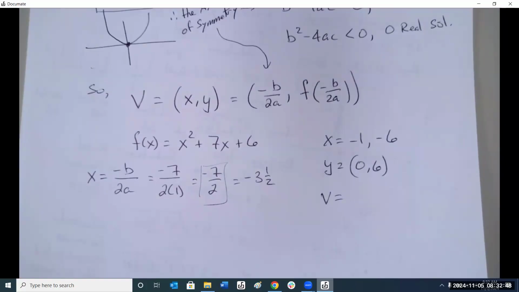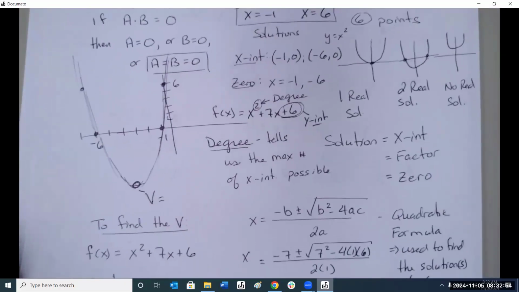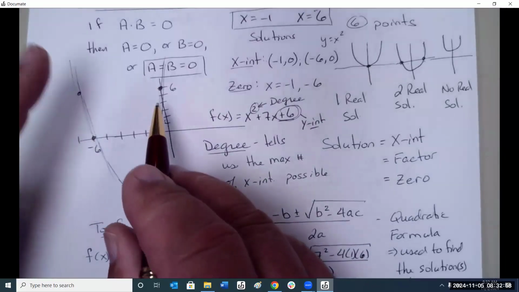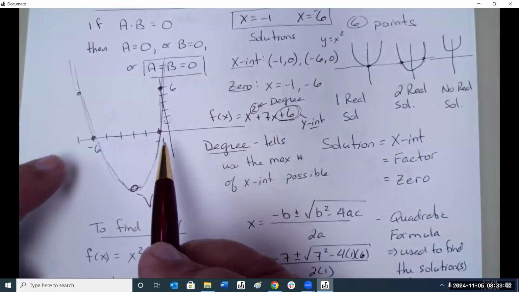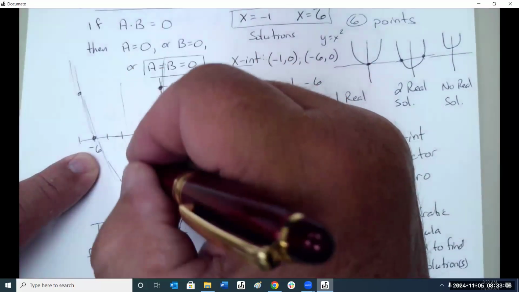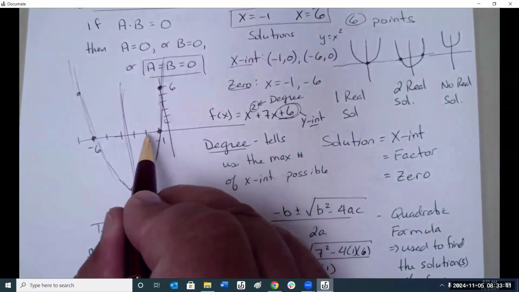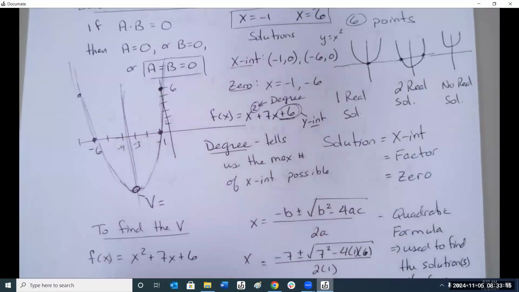How do we know that from our intercepts? Yep. Because this only works for quadratic equations. Once you find the x-intercepts, the vertex is going to be halfway between them. So it's between -3 and -4, which is -3.5.